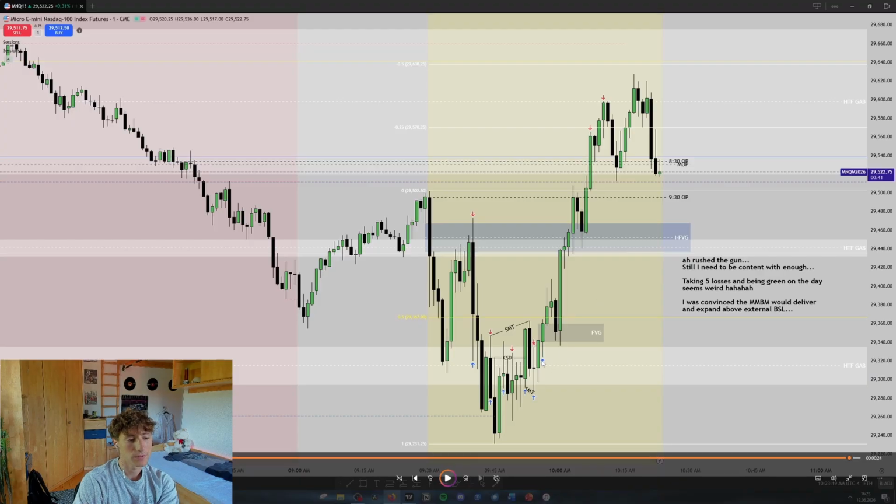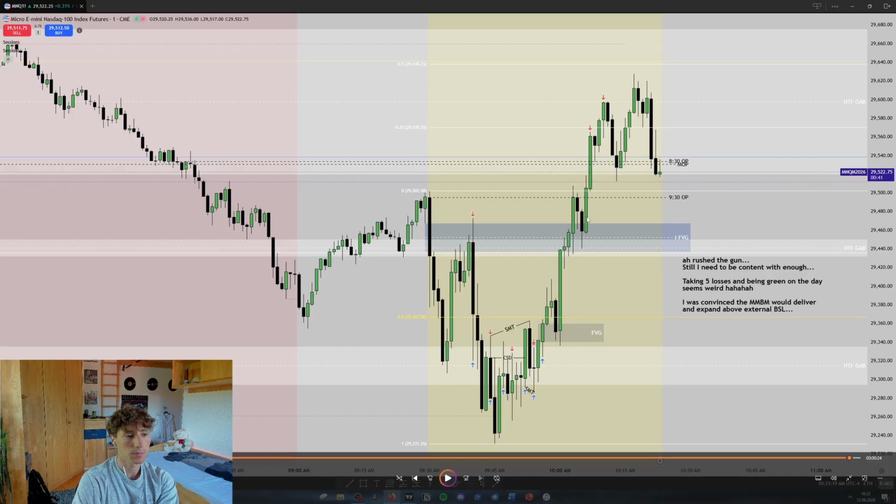So entered right there with 2 contracts, and then with the 10 a.m. I did not expect such an aggressive move to the upside, but it's really clean to see. So 10 a.m. delivered higher, and we had time distortion before that. That's why time also had a greater impact, I guess. And yeah, then we traded higher, used the inversion fair value gap right there, traded above external buy-side liquidity.